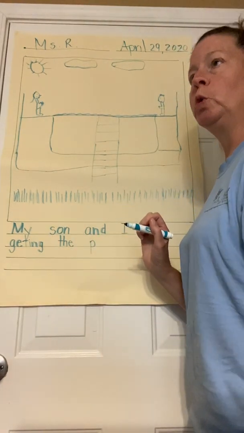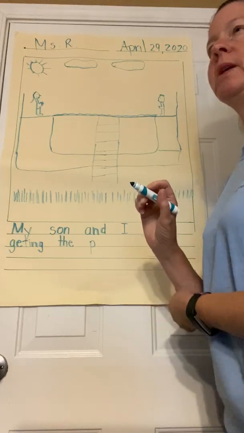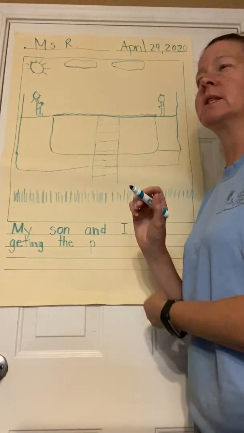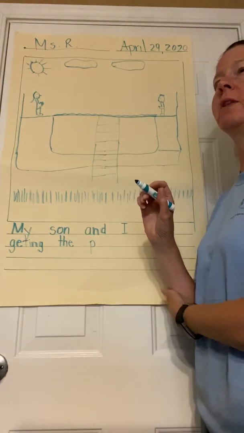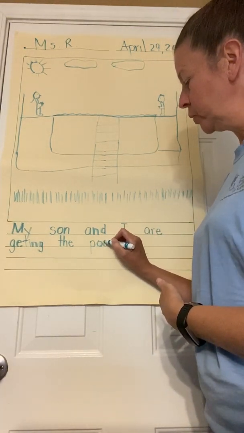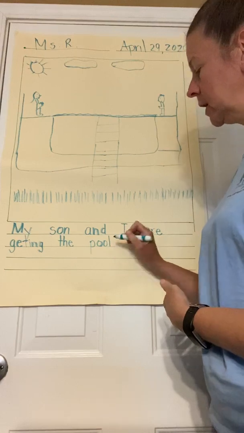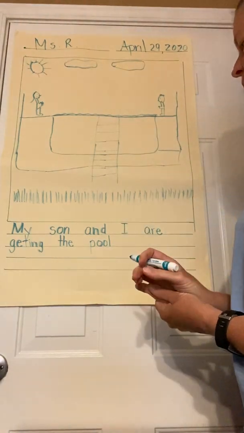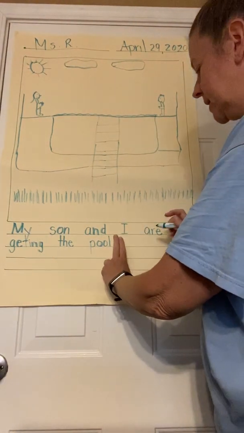Ooh. Ooh is one of those sounds we didn't get to yet, but let me tell you, this is another thing that would be good for you to remember, that ooh is O and O together. Pool. My son and I are getting the pool, 2-finger space, ready.